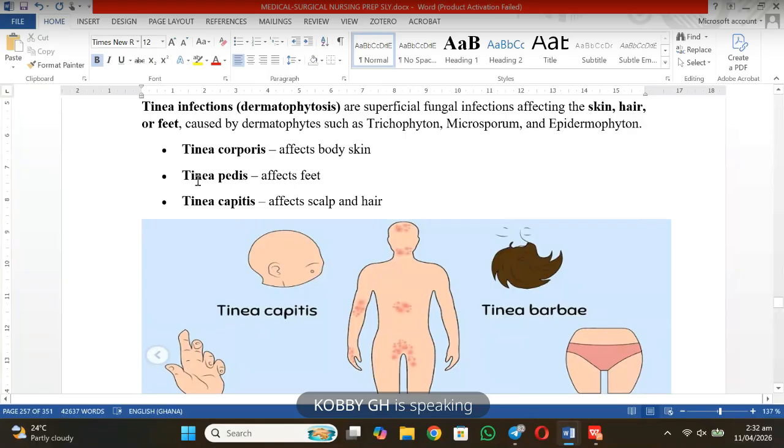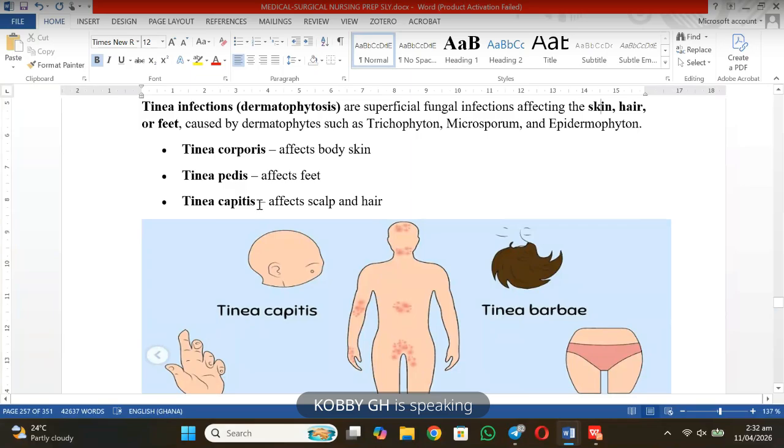When we say tinea pedis, it simply means tinea infection affecting your feet.